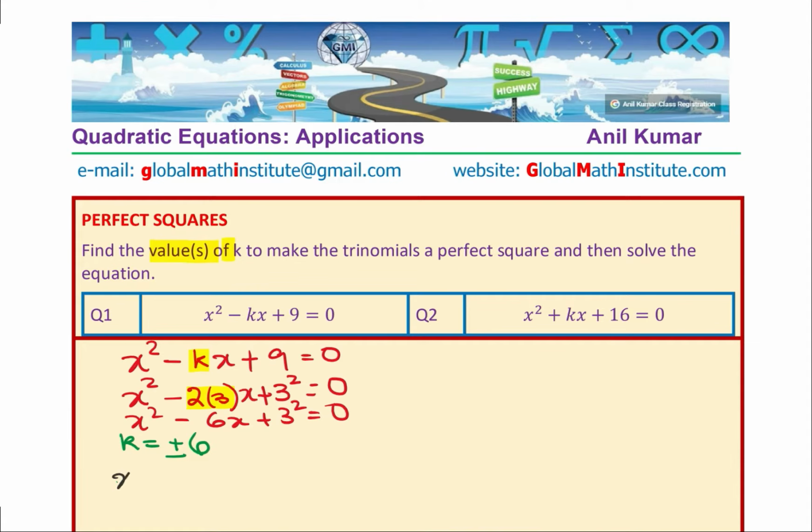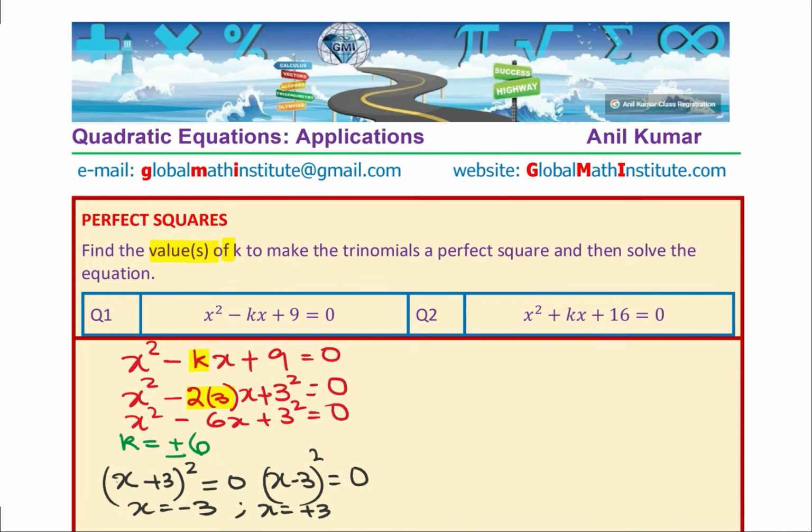One is that we get x plus 3 whole square equals to 0, and we also get x minus 3 whole square equals to 0. And both will give you different answers. One will give you x equals to minus 3, the other one will give you x equals to plus 3, depending on which value of k are you taking, right?